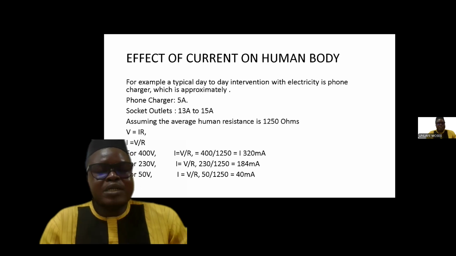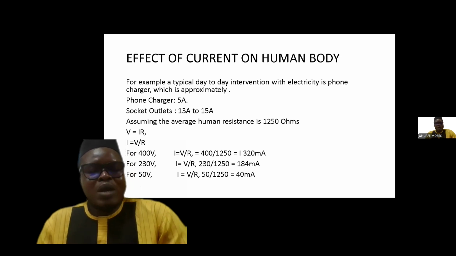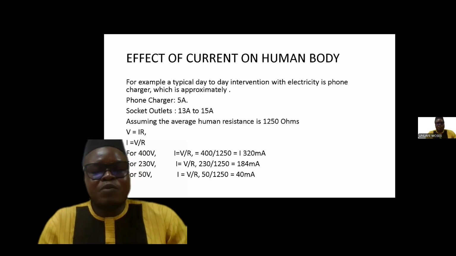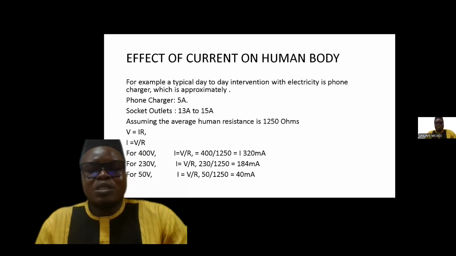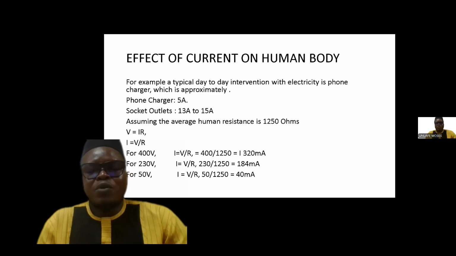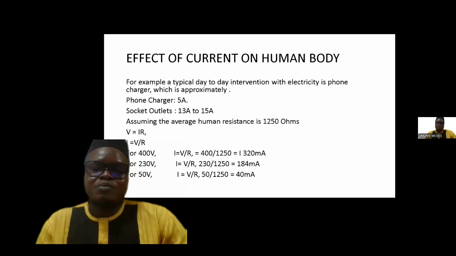Now let's bring it down a little. Let's say you are exposed to 50 volts. 50 volts divided by 1,250 will give us what? 40 milliamps.